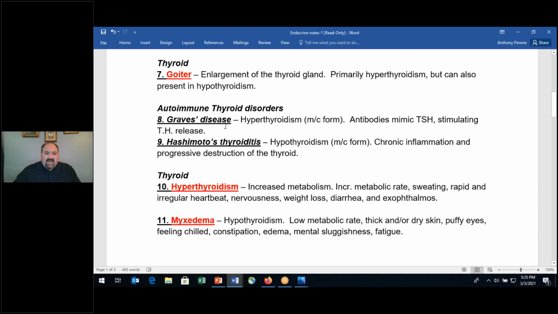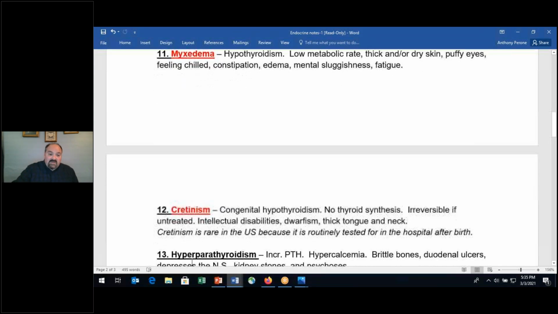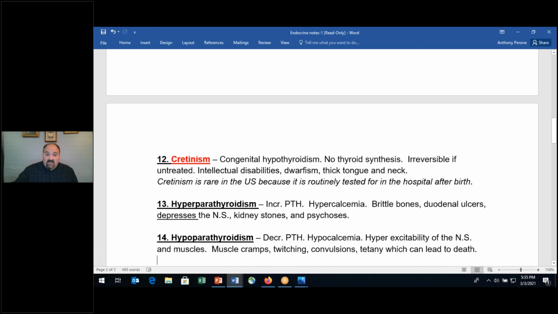So you'll see here that the autoimmune disorders really are key issues regarding thyroid, as far as hyper and hypothyroid. And know that if we have hypothyroidism, it also can be known as myxedema. And if we have hypothyroidism in a child, we call it cretinism, the congenital form of hypothyroidism.